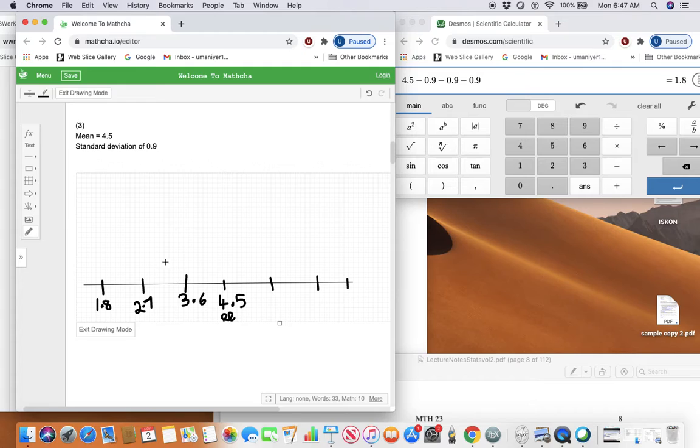One step left, one more step left, one more step left. Now starting from the mean, I will add one standard deviation each. That gets me 5.4 here. If I add one more standard deviation, I get 6.3 here, and adding one more, I get 7.2 here.